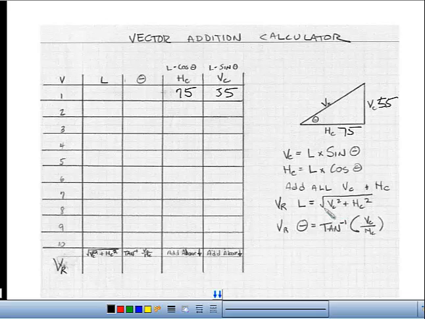Our go-to formula is Pythagorean. So if you run 55 squared plus 75 squared, take the square root, you should come up with about 93 units, whatever that is. Ohms if it's in series, amps if it's in parallel, volt-amps if it was power.